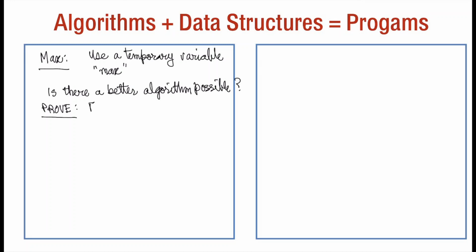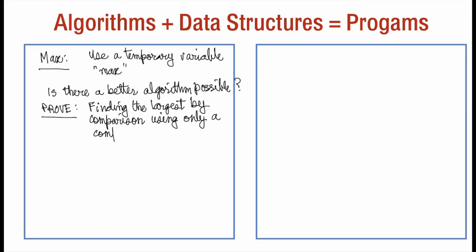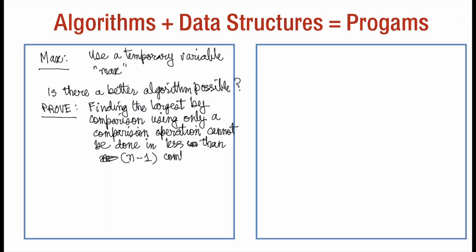that finding the largest by comparison, using only a comparison operation, cannot be done in less than n minus 1 comparisons for n numbers.